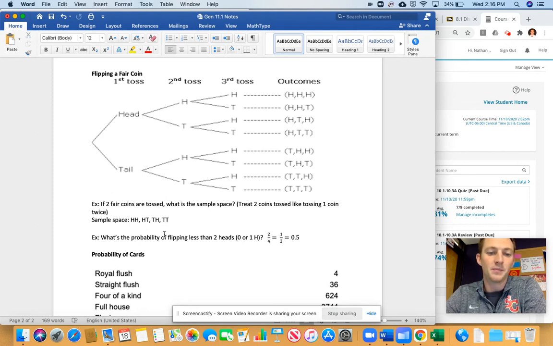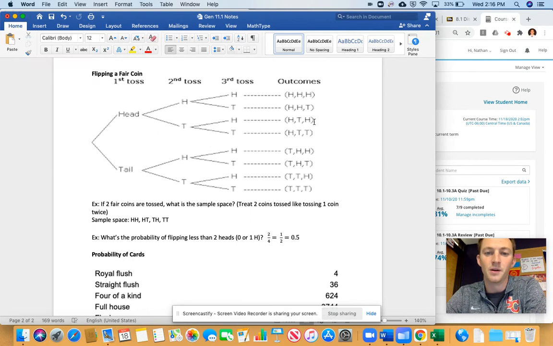Another one, what is the probability of flipping less than 2 heads? Less than 2 would be 0 or 1. So what's the probability of flipping either 0 heads or 1 head? Here are our outcomes, and we are flipping a coin 3 times. So how many outcomes have 0 or 1 H's?